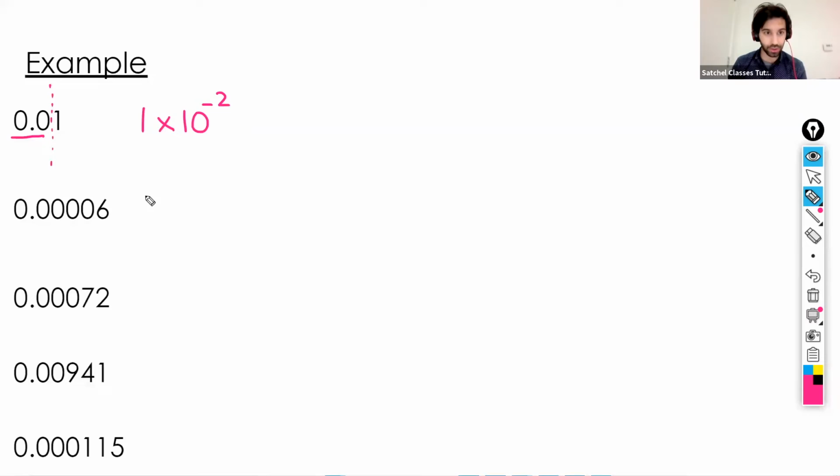Likewise here, this is going to be 6 times, and I'm going to count the digits, 1, 2, 3, 4, 5. So this is going to be 10 to the power of minus 5.